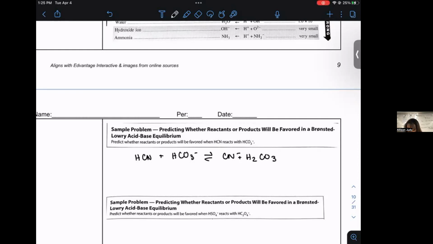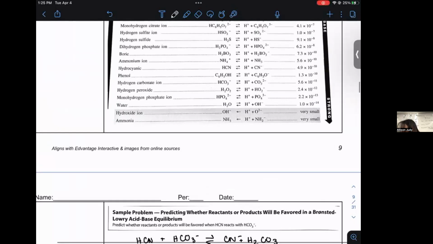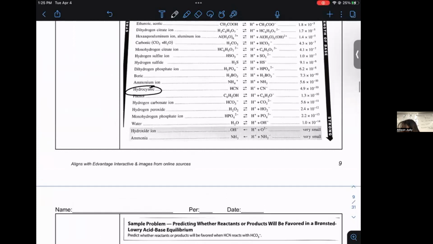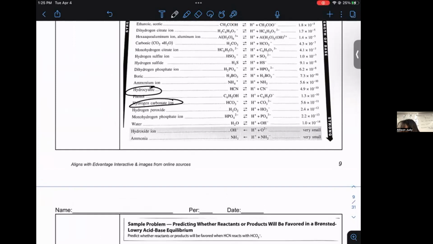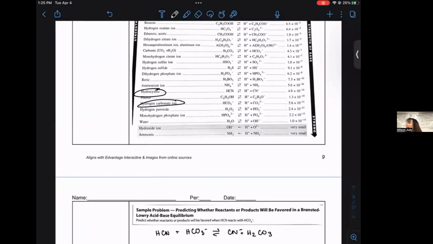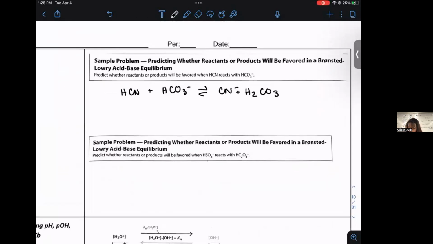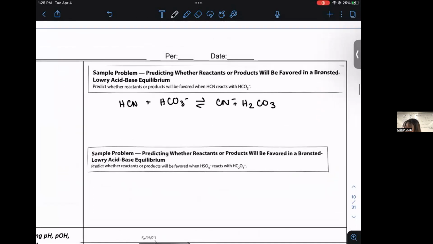So what did we say? Here's HCN, hydrocyanic acid, and HCO3, hydrogen carbonate ion. So which one seems to be a better acid? HCN. So the reaction direction that we're going to favor then is what? Are we sure about that?